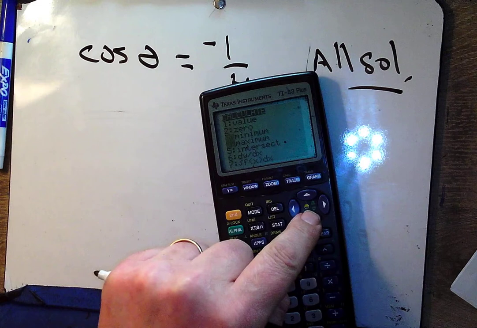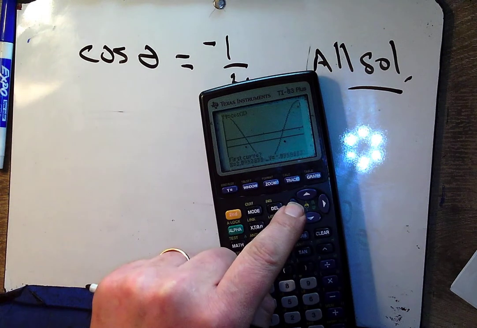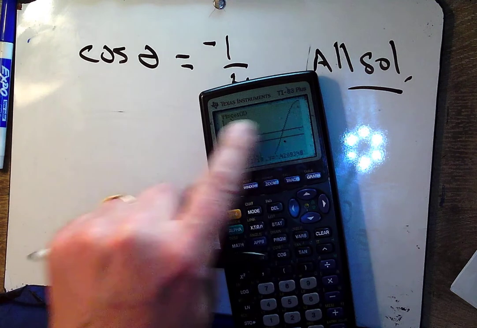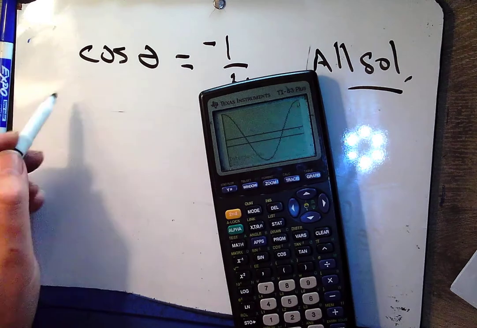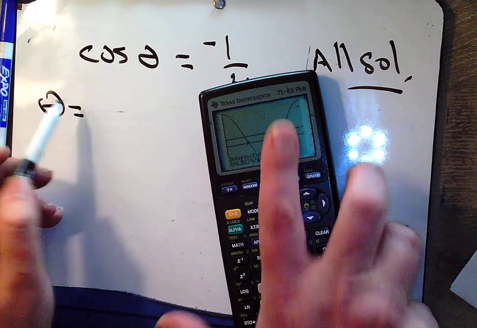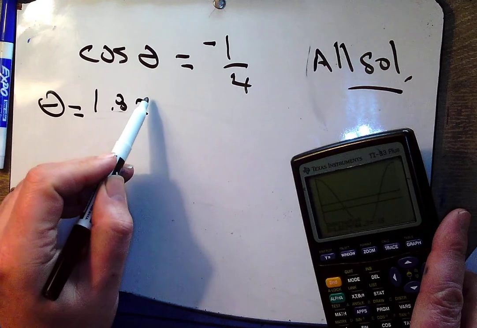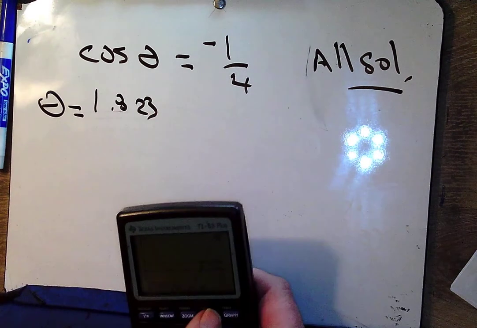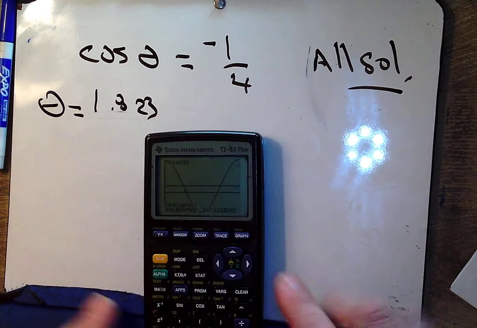Second, calculate, intersect. Bring my cursor close to the point of intersection. Enter, enter, enter. And I get that theta equals 1.8237. Okay, and there was a second solution. Second, calculate, intersect.